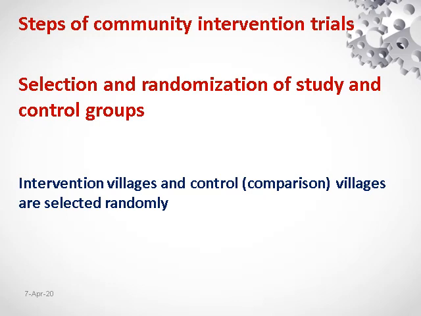So the first step is selection and randomization of study and control groups. Intervention villages and comparison villages are selected randomly from the list of villages in the district. Maybe 50 villages are there, so we are selecting 5 villages as intervention villages and 5 villages as control villages. We are selecting randomly.